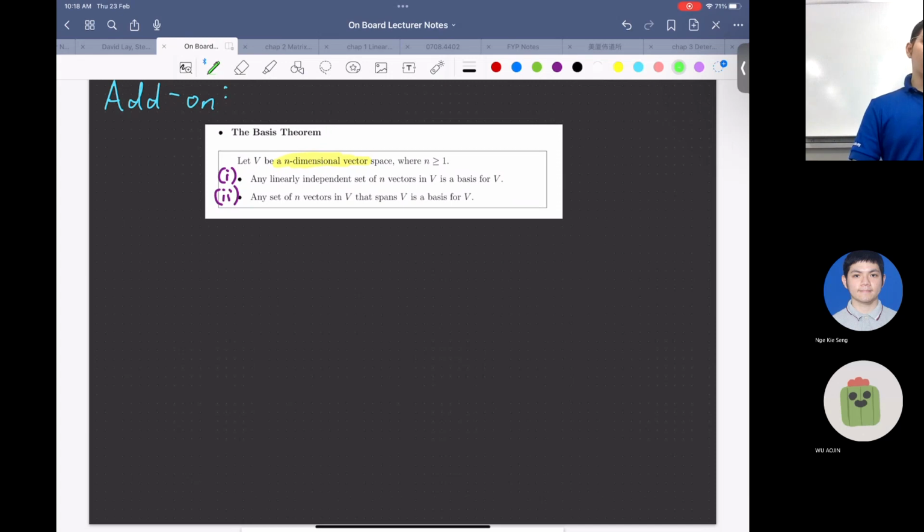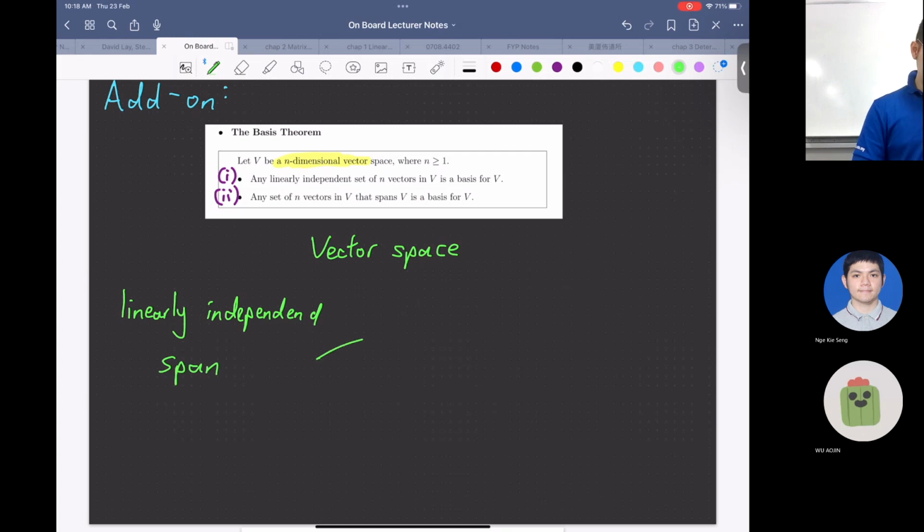So, in general, for a vector space, you find a basis. You want to use linearly independent and span.